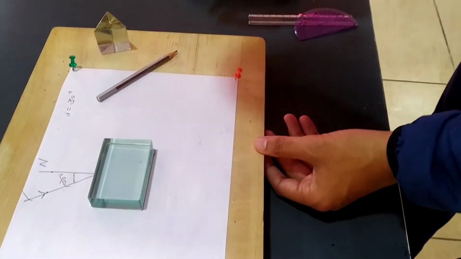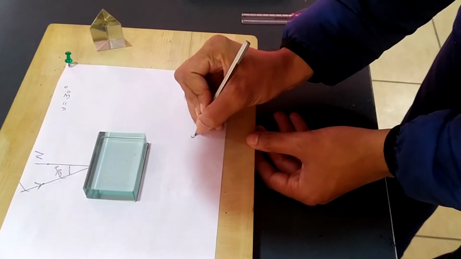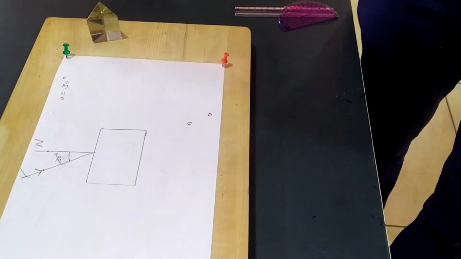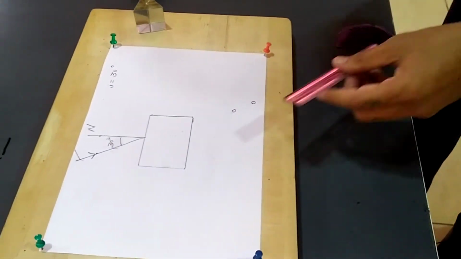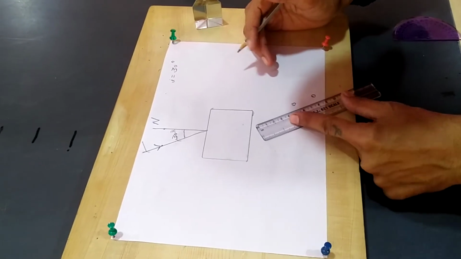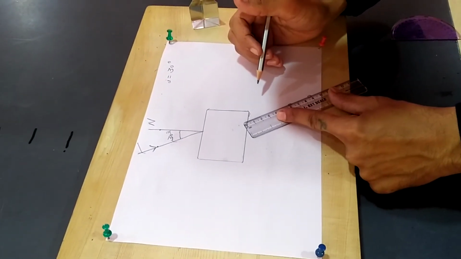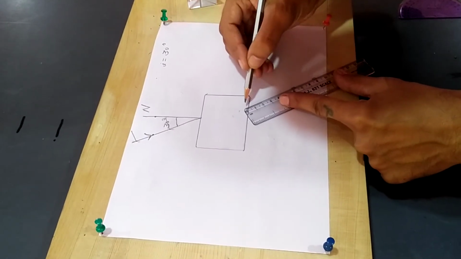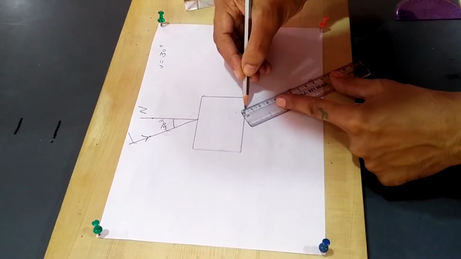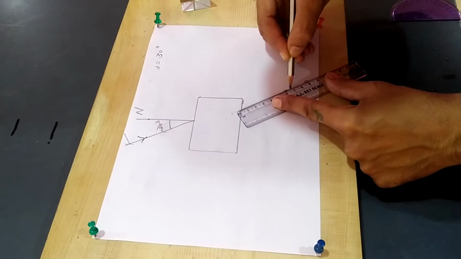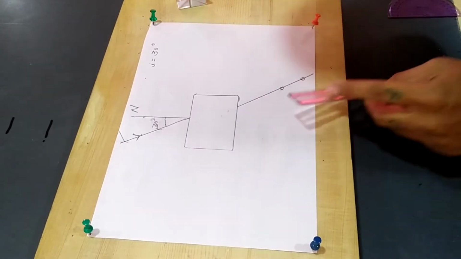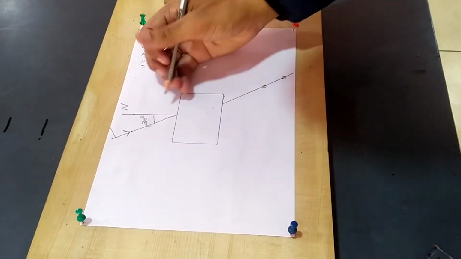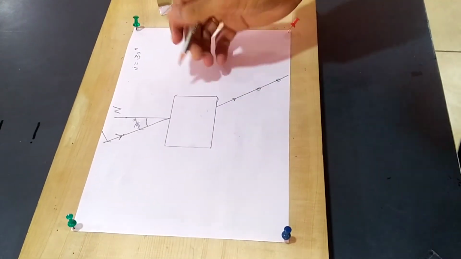Now you have to remove these two pins and mark their spots like this, circle their spots, remove the glass slab and join these two spots with the line. Once you do that, this is your emergent ray which is coming out of the glass.